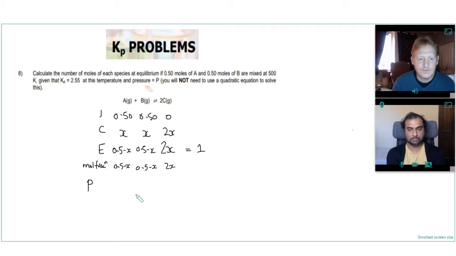And it hasn't given us total pressure, but it's just called it P. So our partial pressure for A is mole fraction times the total pressure P. Exactly the same for B and for C. So now we know our partial pressures, and now we can put those into our equation for Kp.